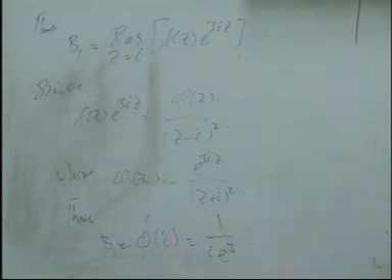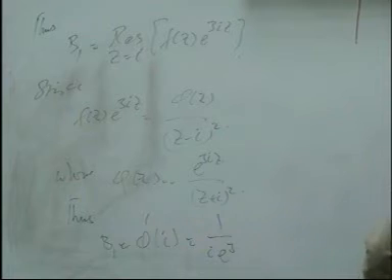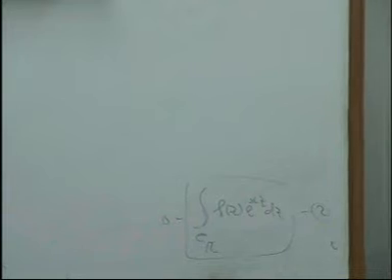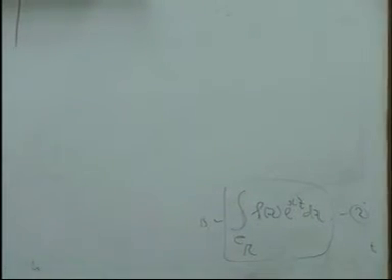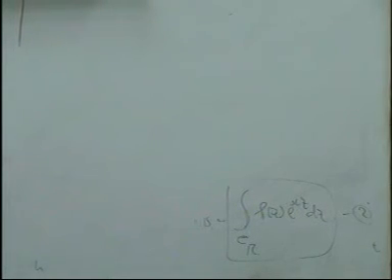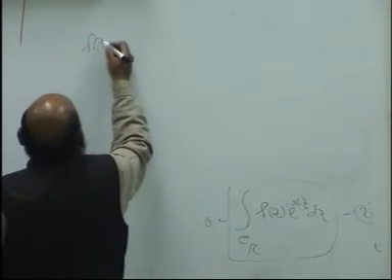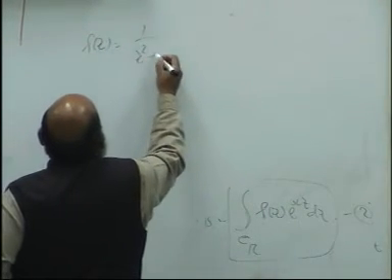Also, what we have to prove here is that the integral over CR must have the value 0 when r tends to infinity. We can see the structure of f of z is 1 over z square plus 1.